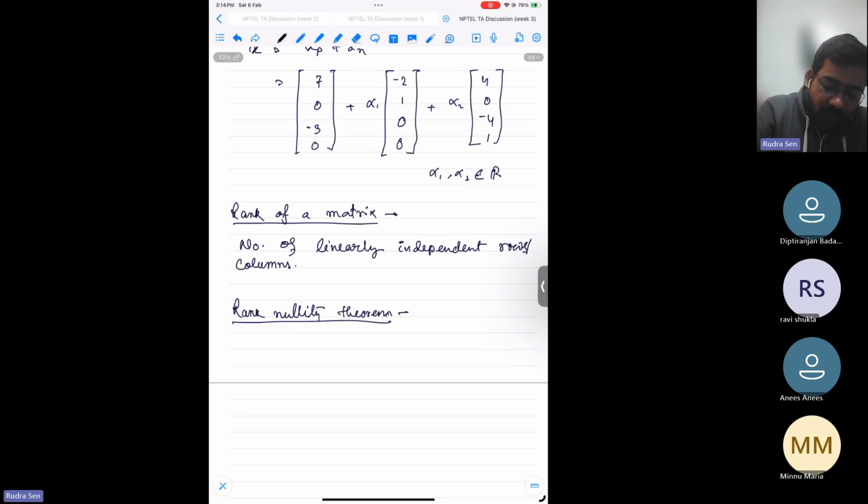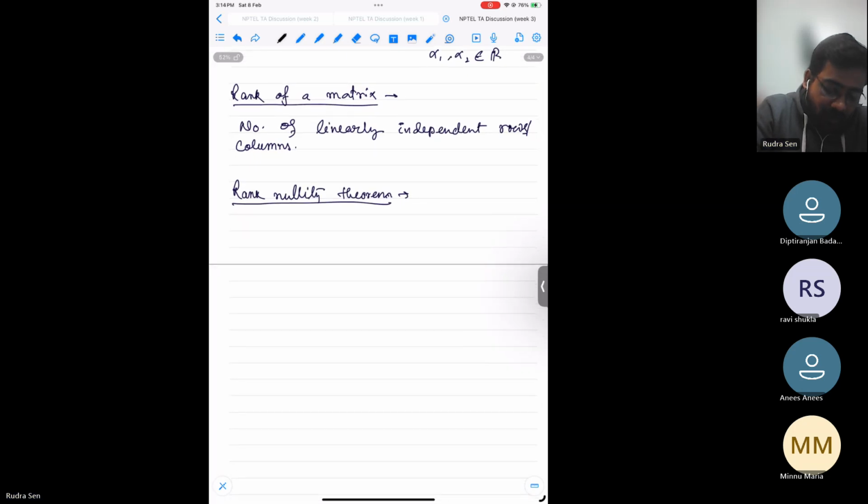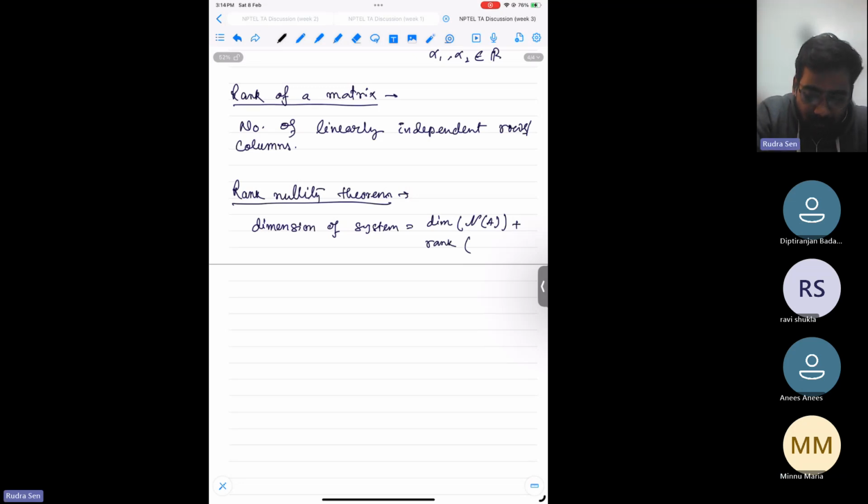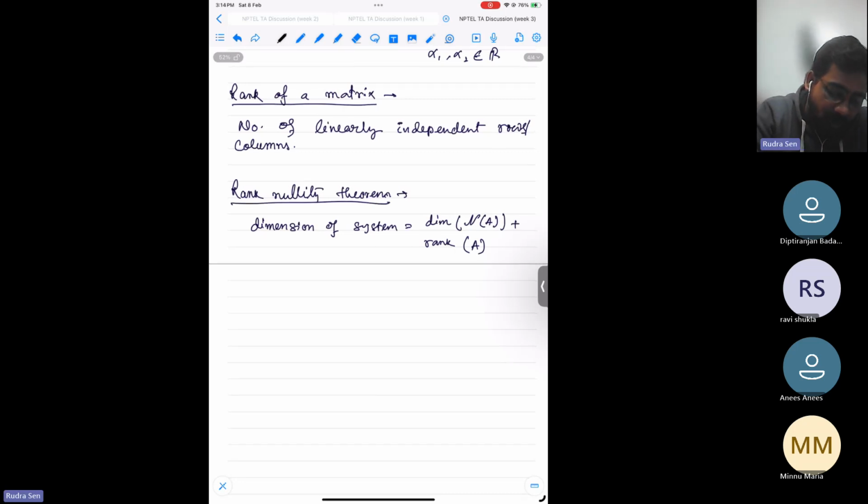The rank nullity theorem says that the dimension of the system, whatever system we have considered, is the dimension of the null space plus the rank of matrix A.